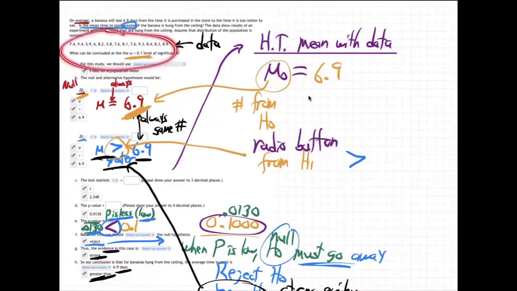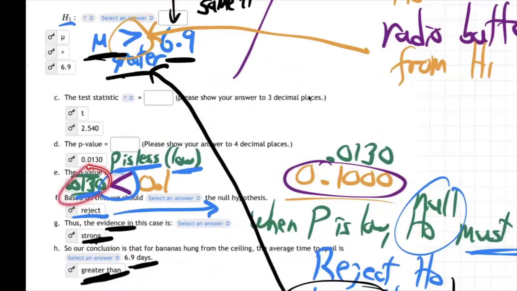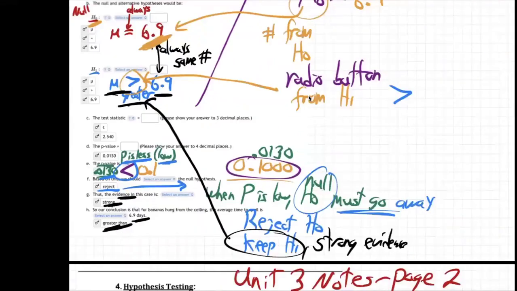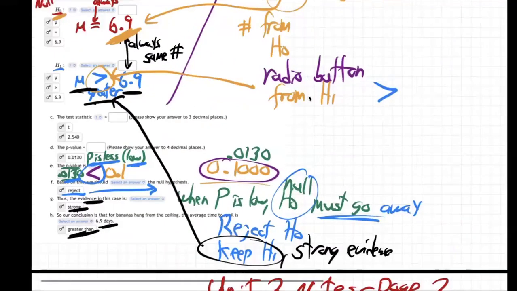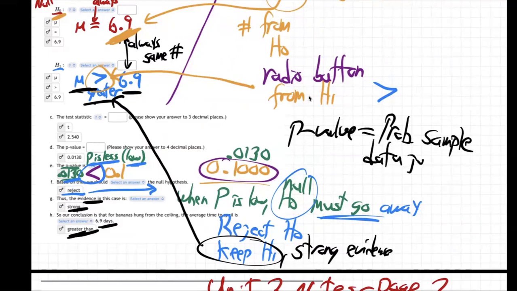The evidence, this data from these bananas was strong evidence, right? Because the p-value, remember, p-value is the probability of luck. The p-value, the probability of luck was low. P-value, probability that the sample data was just luck. Like maybe you just got some lucky bananas.